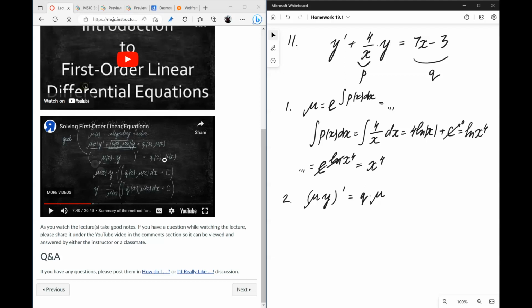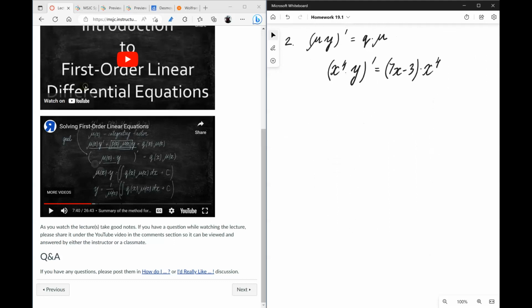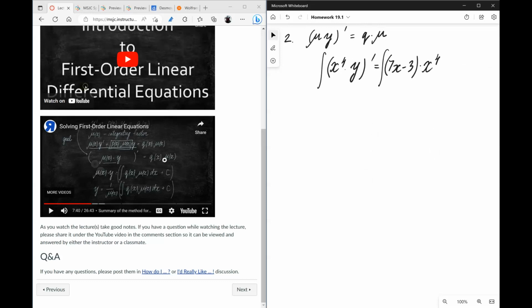So in our case, what do we have? We have x to the 4 times y, and derivative of that is equal to 7x minus 3 times x to the power 4. And now we're going to integrate both sides with respect to dx.